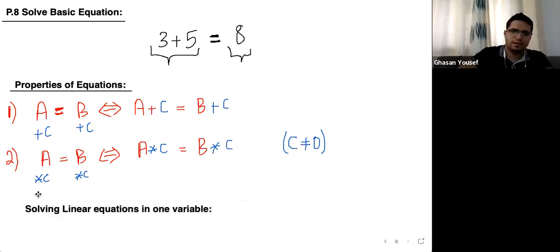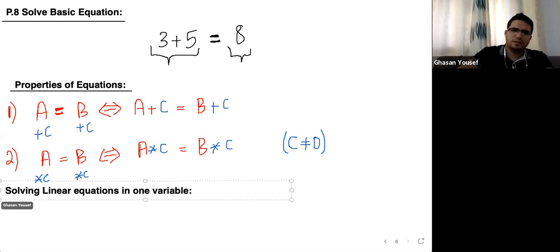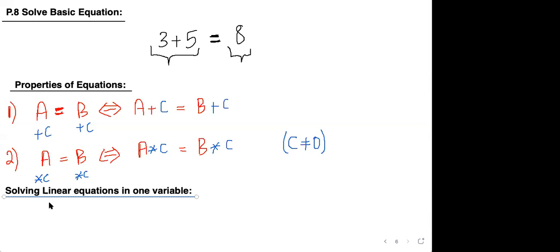So we're going to talk about linear equation in one variable. What is the meaning of linear equation? Any idea? What is the meaning of linear equation?